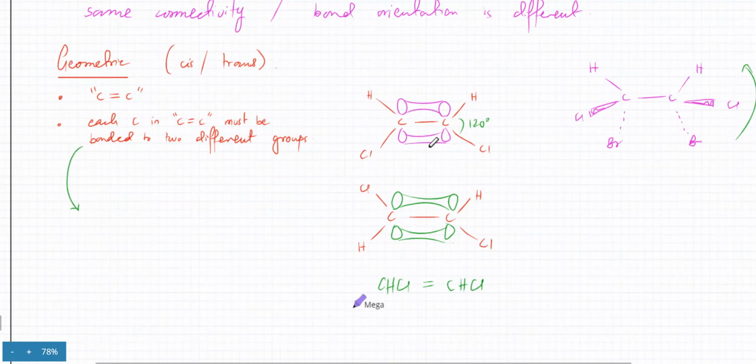So this is a stereoisomer, and one of them is going to be called a cis version. The cis version is the one which has the same groups pointing in the same direction. So both the Cls are pointing downwards.